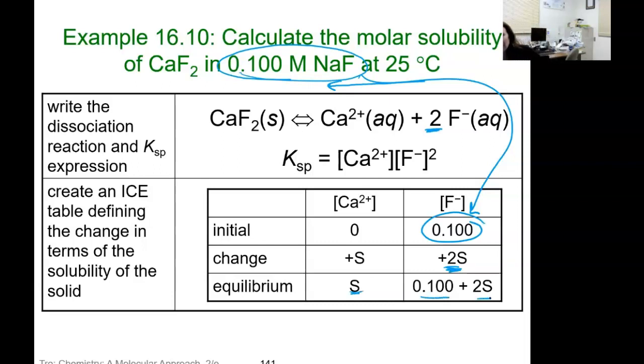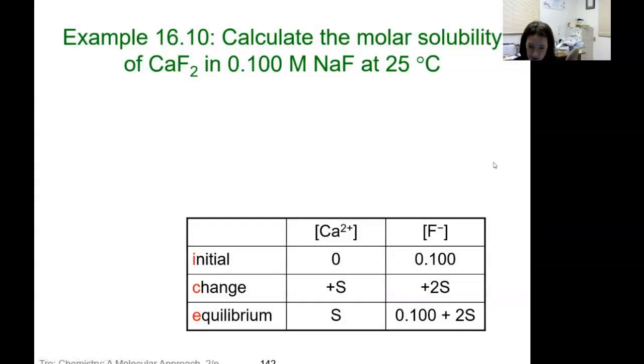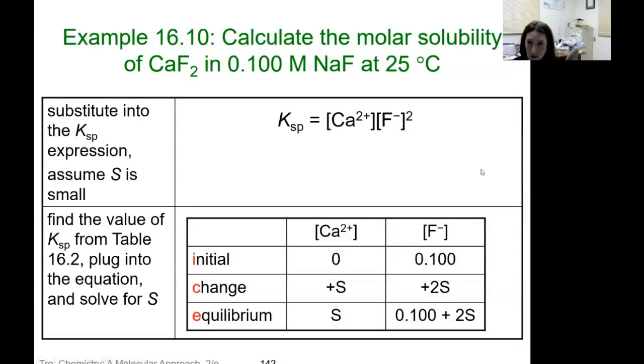And you can probably already guess what we're going to do. We're going to assume this is small because our math would be awful without it. So this is an ICE table just like we've done before. So there's our table. I'm going to assume this is small.